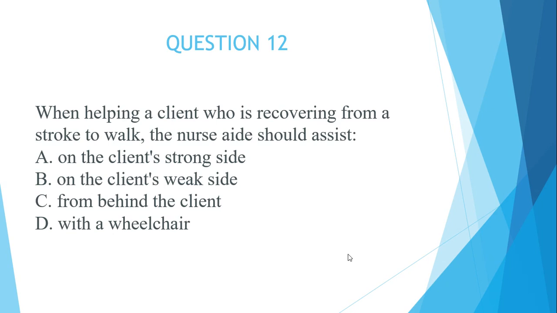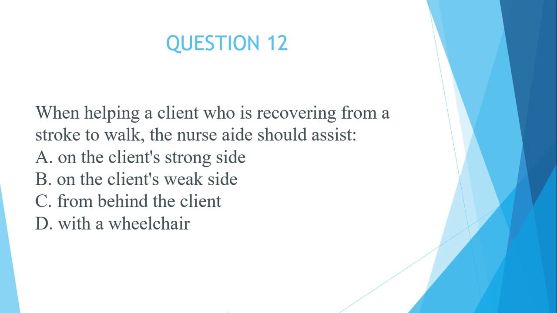This person has had a stroke and has weakness on one side, while the other side is strong. Where will you stand when you help the person to ambulate, or walk? Remember, this person can do a lot with the strong side, but on the weak side he cannot do much.